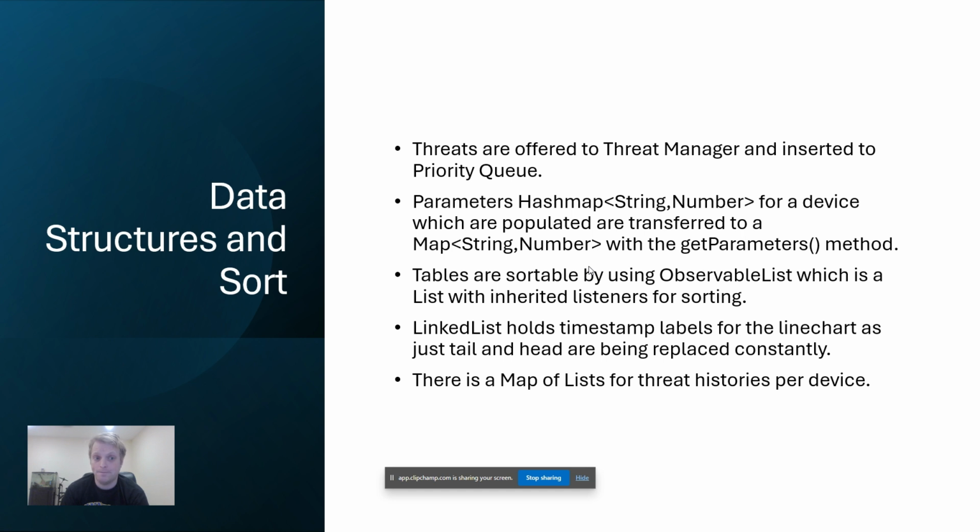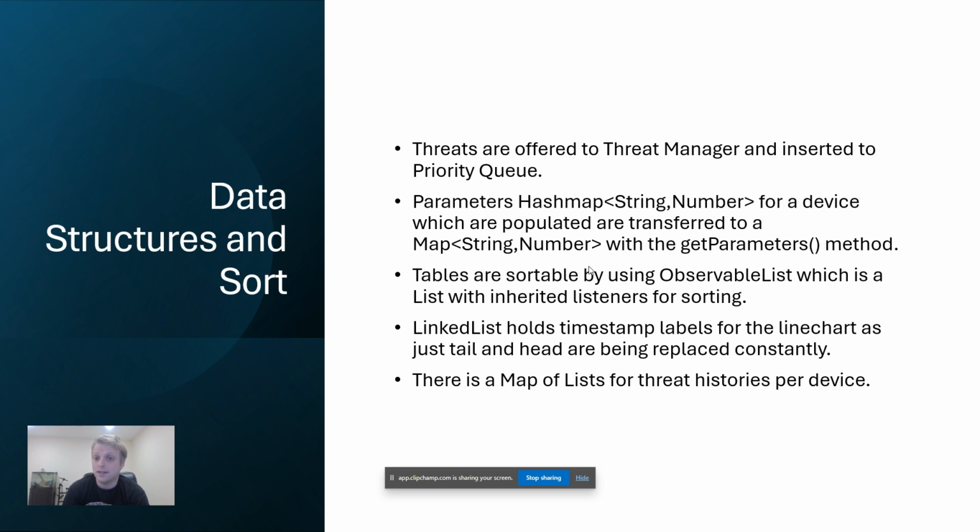In my application, the data structures I used are a priority queue used by the threat manager to prioritize threats. The devices all have parameters which are stored in a hash map, and when needed, those are transferred into a regular map using a get parameters method.